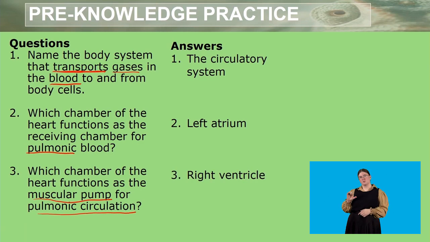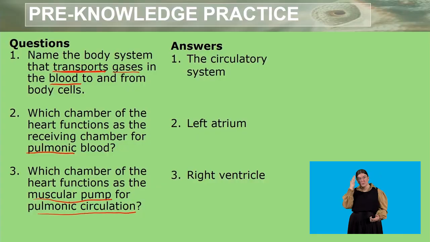Basically, this question is asking which chamber of the heart, we know the 2 atria, the 2 ventricles, functions as a muscular pump. The blood is flowing from the heart and to the lungs, and this is what's going to allow the blood to circulate through the lungs and back into the heart. And there we know that the blood will be moving from the right ventricle into the lungs.